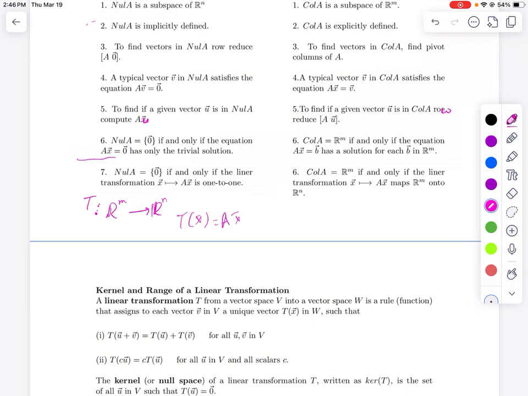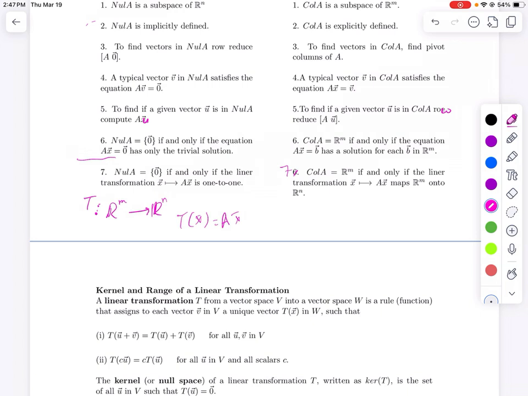On the right side, the column space of A will be equal to R^m, the whole vector space, if and only if the linear transformation is onto. But onto what? It maps R^m onto R^n.